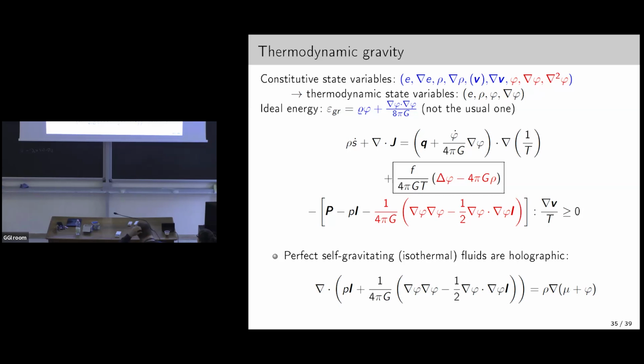Anyway, we have these equations now without the gradient density terms. And what you get is, of course, a perfect self-gravitating fluid as I've written previously. However, there is now a possibility to introduce dissipative gravity. Why not? If F is proportional to the Poisson equation, that's dissipation.